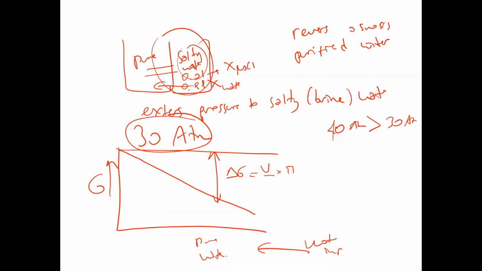When we add specific ions to this water, then we can produce drinkable water, and this phenomenon is called reverse osmosis. Water would be forced through the membrane from seawater to the pure water side, and this is called reverse osmosis, which is used to produce purified water.